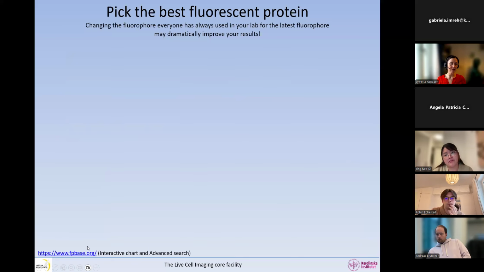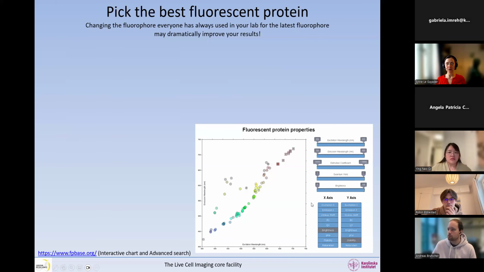There's a fantastic tool for picking the best fluorescent protein. It's called FPbase, FP for fluorescent protein, fpbase.org. And it's very, very good. You will have an exercise where you have to find some things on FPbase, so you will know how to use it. This is a screenshot of the interactive chart and the advanced search.